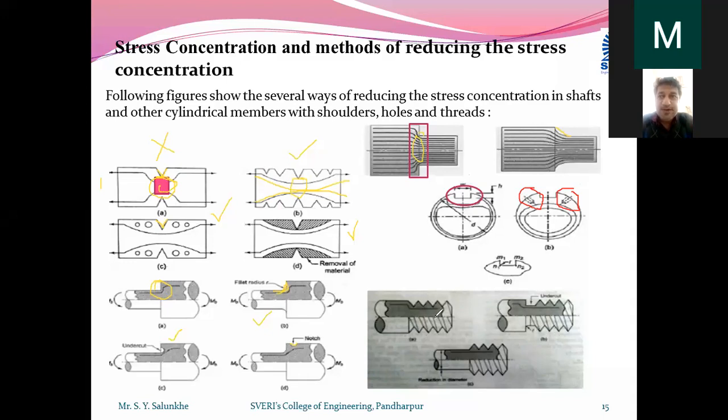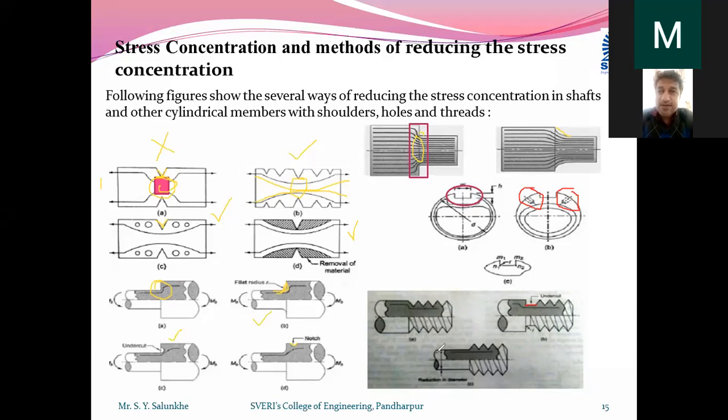Okay. So when we make threads on a certain component, we can take the example of a nut and bolt. Here you can see that threads are manufactured after a certain interval on this bolt. Some space is provided between the threads and the bolt area so that we can smooth down the stress lines.